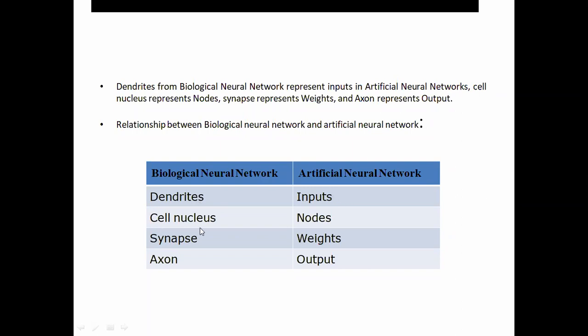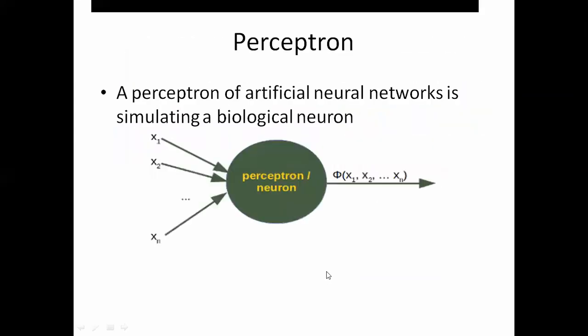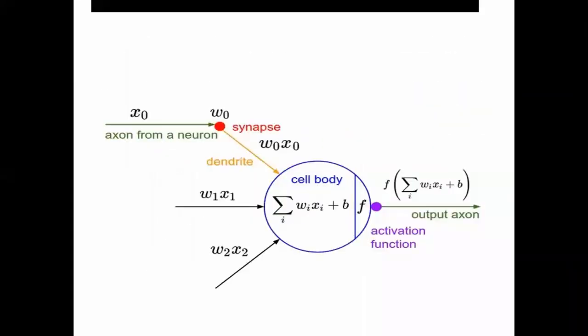What is the cell nucleus in biological neural network? That is represented by nodes. Synapses are represented by the weights. And what is the axon over here? That is the output.